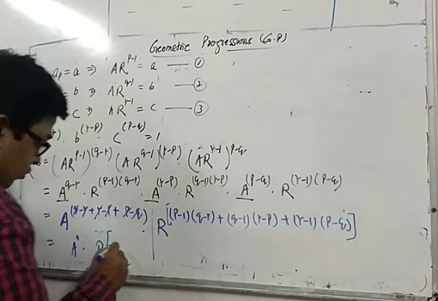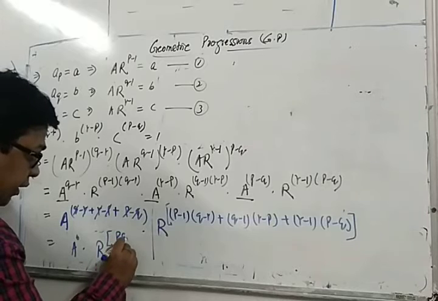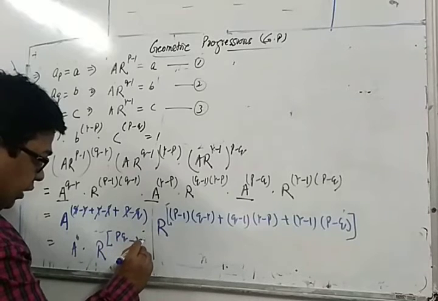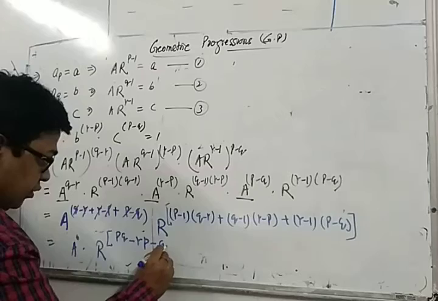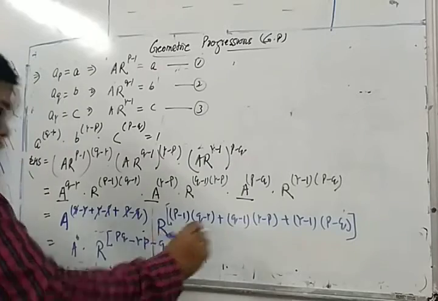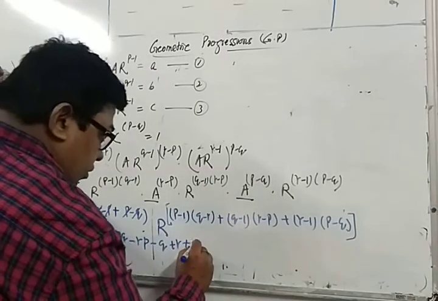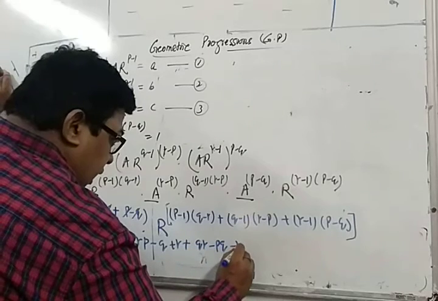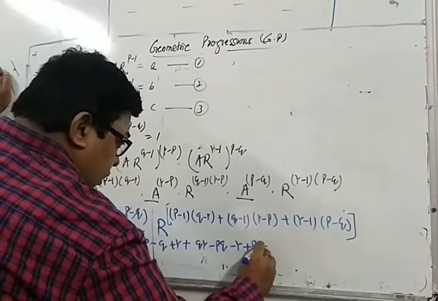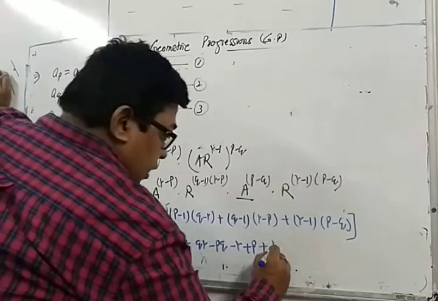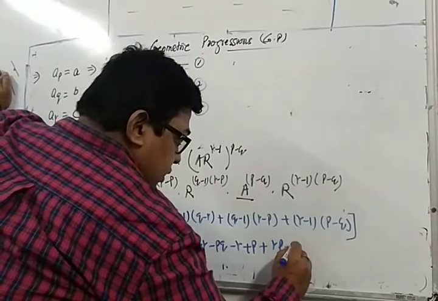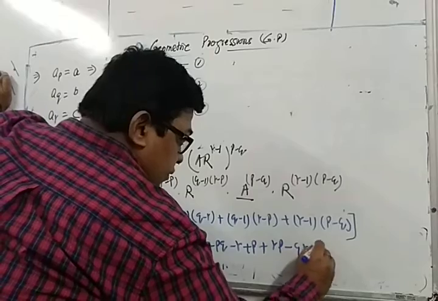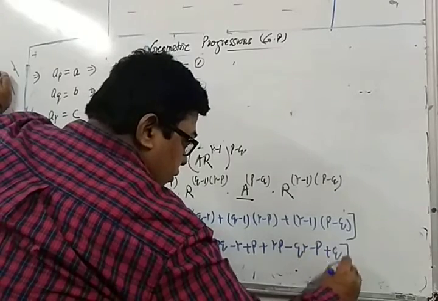And here in r with r, you can see pq minus rp minus q plus r, and multiplying the other parts also: qr minus pq minus r plus p, plus rp minus qr minus p plus q.